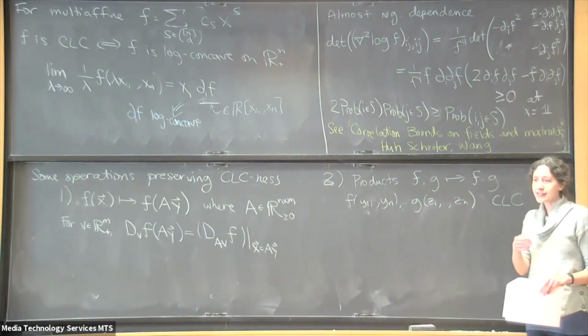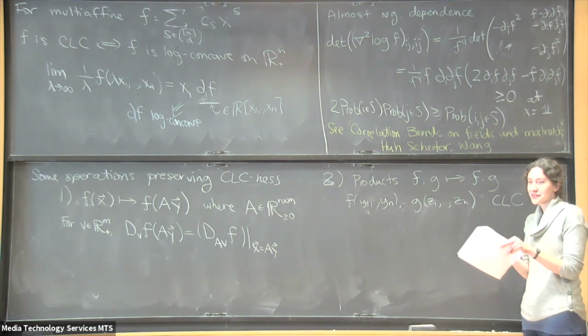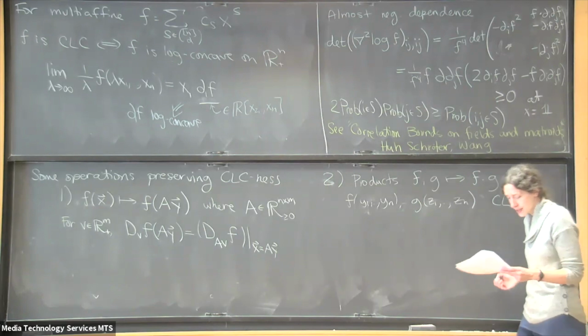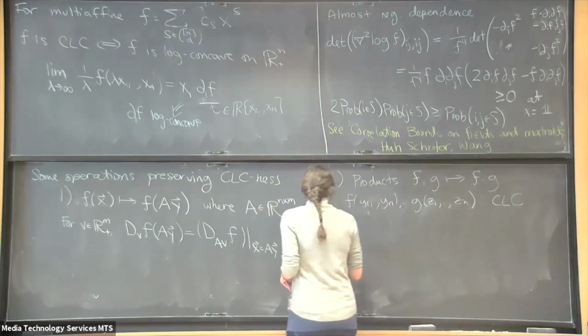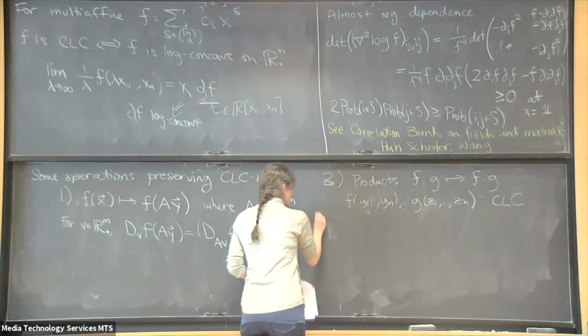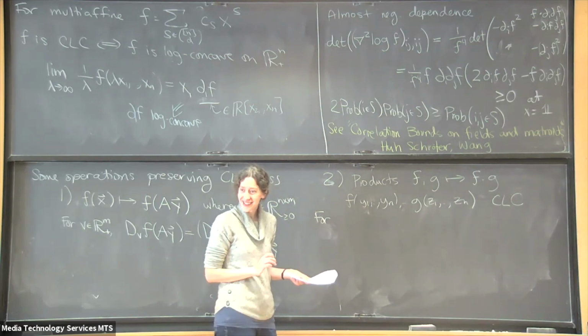As Leora mentioned last time, it's clear that their product is log-concave, because log turns product into sum, and you add two concave functions together, you get something concave. And then the problem is, what if you start taking derivatives, then it's less obvious.